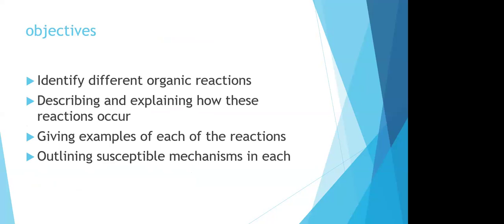So today's lesson majorly we shall have these objectives, so that by the end of this lesson, everyone who is there should be able to identify different organic reactions that we have in organic chemistry, as we have looked at some of them in our senior 5.